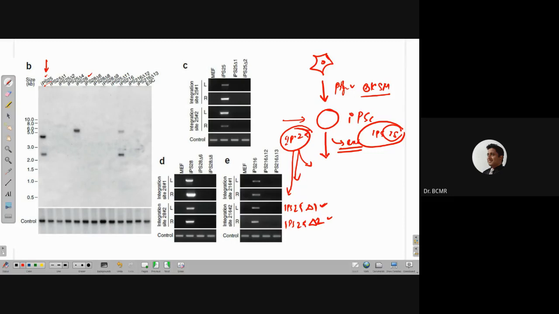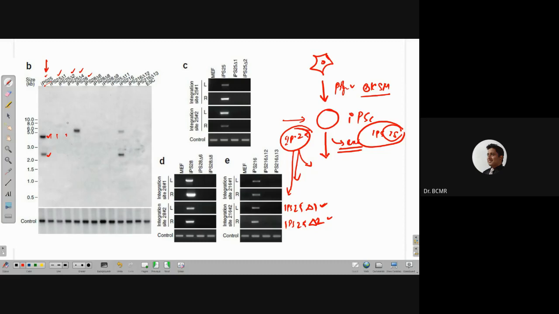So here you can see that IPS25 has two bands, which indicates that there might be two copies integrated into IPS25. And when they included IPS delta 1 and delta 2 and also delta 4, you don't see any bands. This is done by Southern blotting.